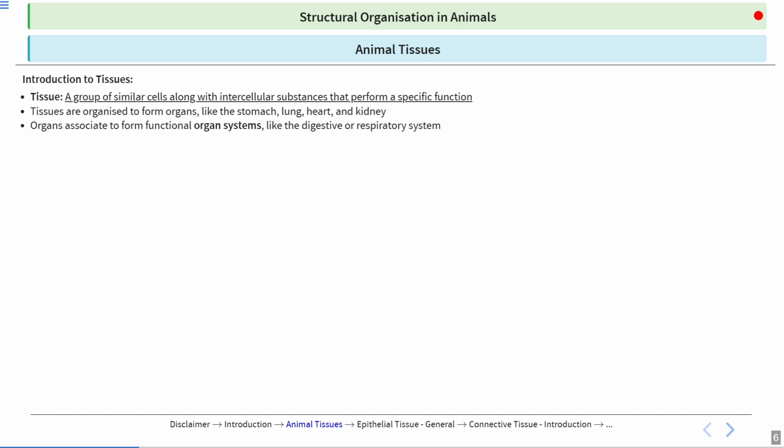So these many organs unite together to form a system that is called the digestive system. Similarly, we have the respiratory system as well. The respiratory system starts from your nostrils. Then there is a nasal chamber, pharynx, then the trachea, then the tracheal tube. Then bronchi.